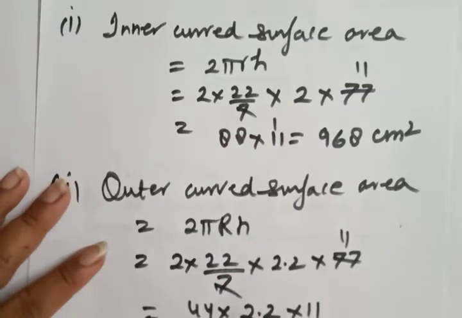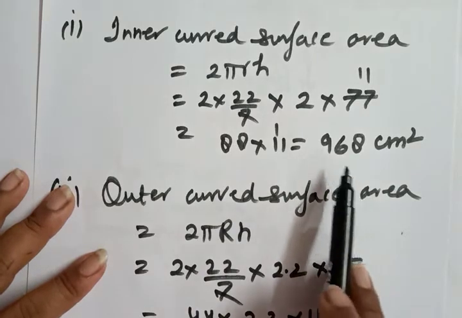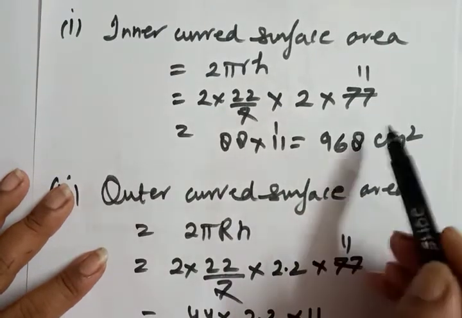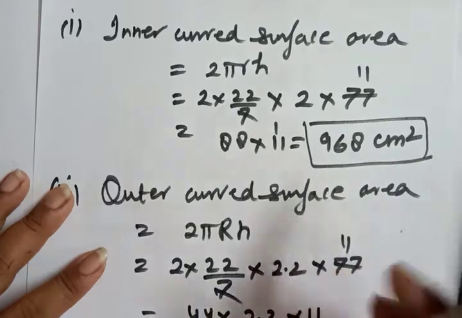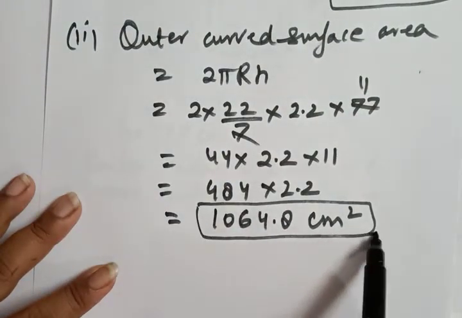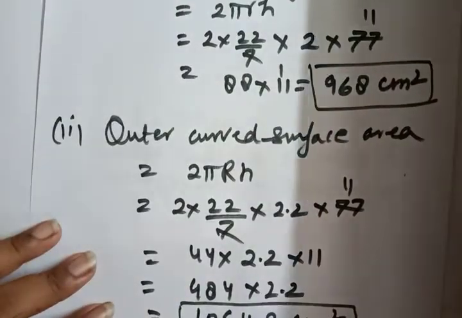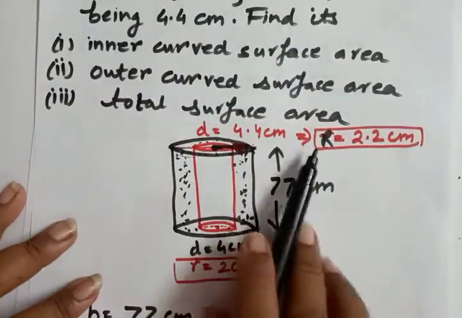So we have found the inner curved surface area, that is 968 centimeter square, and the outer one is 1064.8 centimeter square. Now the third thing the question is asking for is the total surface area.